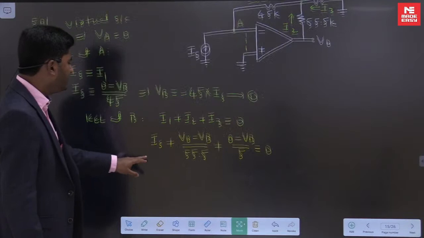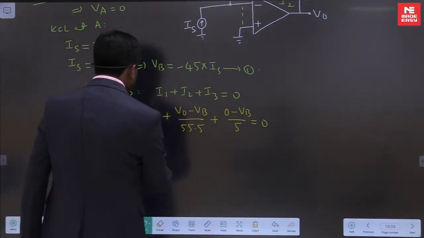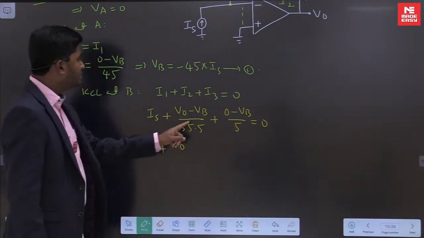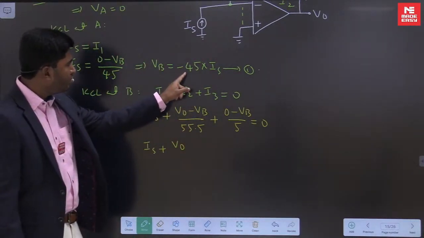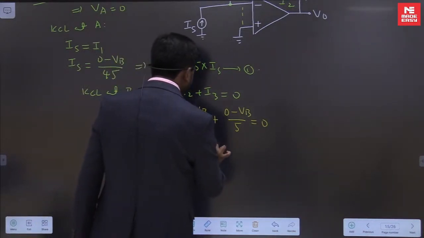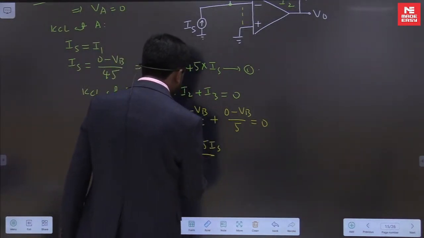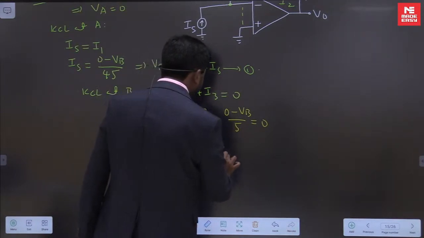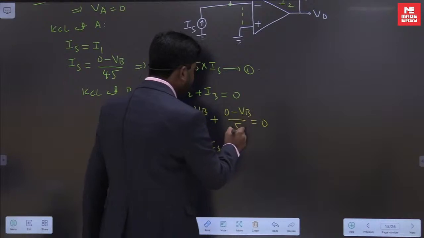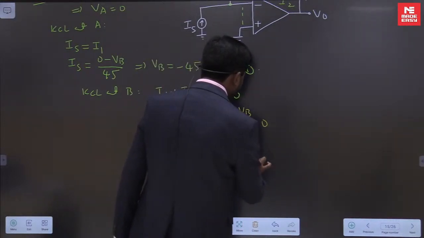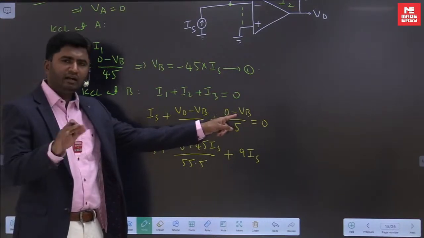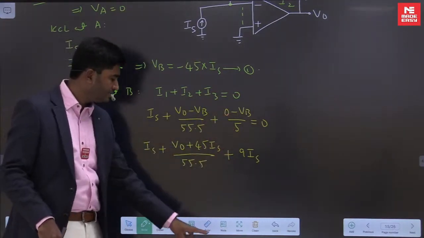Now you solve this. Keep this as it is plus V0. In place of VB you can substitute minus 45 into IS. So minus into minus it will become plus 45 IS divided by 55.5. This will become plus 45 IS divided by 5. 45 IS divided by 5 will become 9 IS.